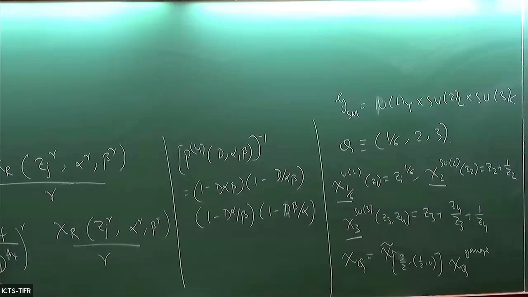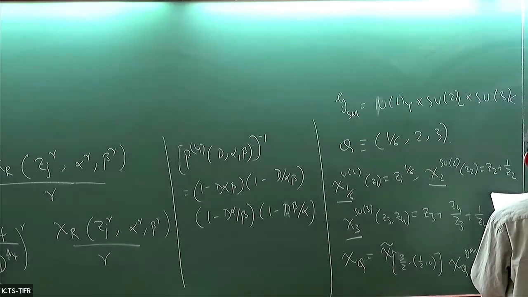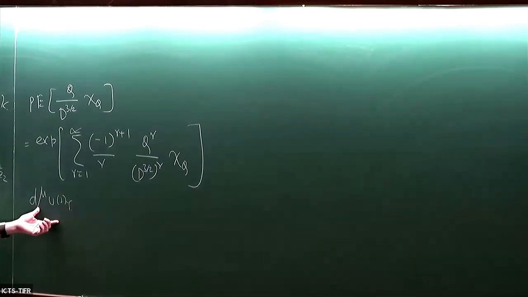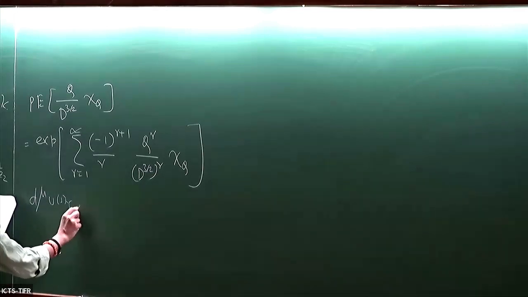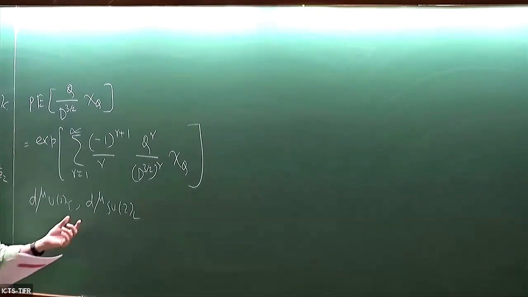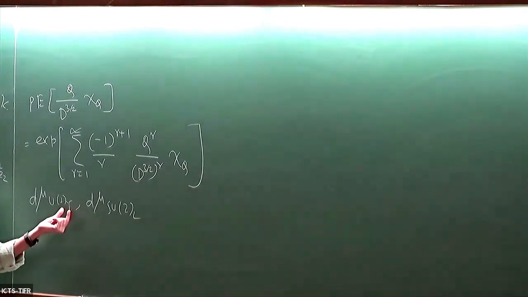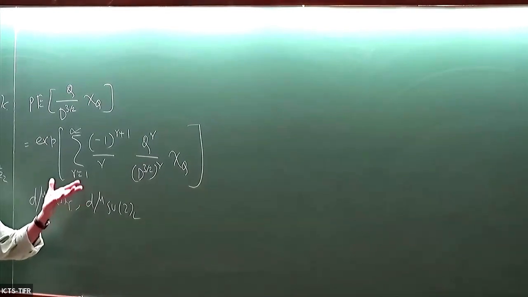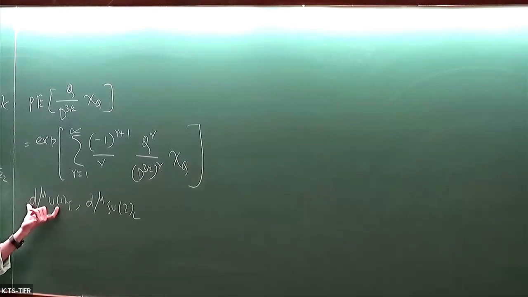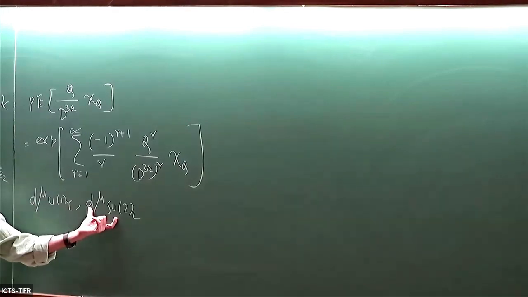So now I hope you guys can write down the statistics and the characters for these given representations. Okay. Now what is left is what we have to calculate, d mu E1y, and these are the things that we already mentioned in the last lecture, so I am not writing them. And it is important to note that whether this is E1y or E1b minus L or whatever, the form of this d mu and d mu SU does not change.